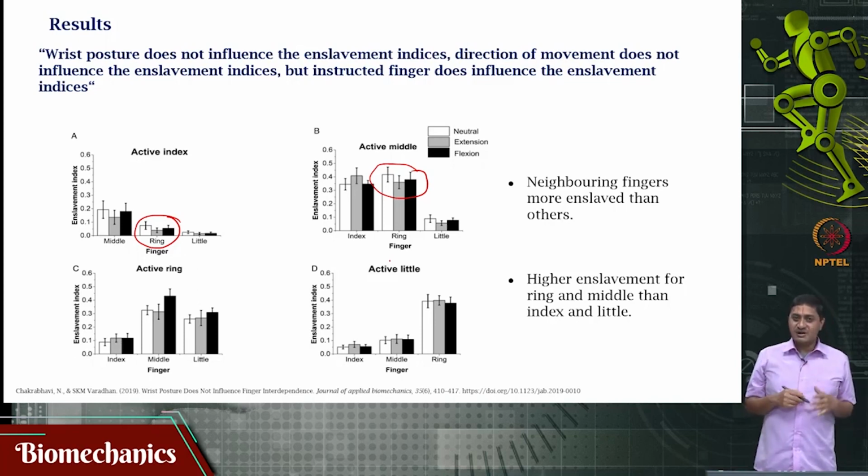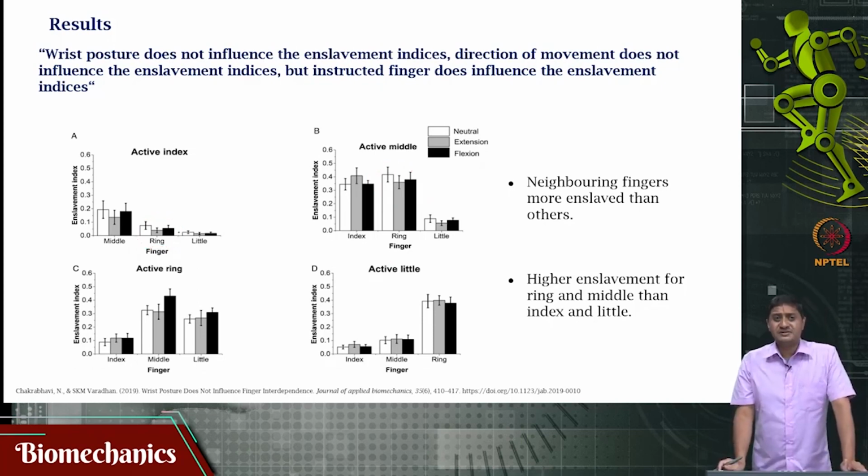But the question is not that. The most important question is not that. The most important question is, in a given active finger, is a given non-instructed finger showing a difference in the enslavement index for the three colored bars, the white bars, grey bars and the black bars?